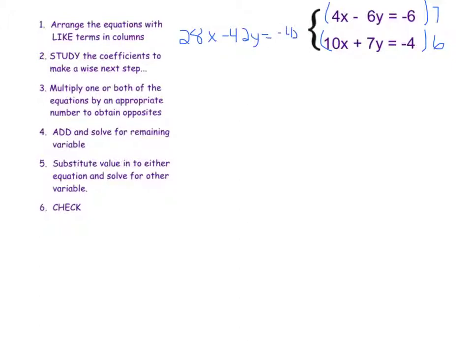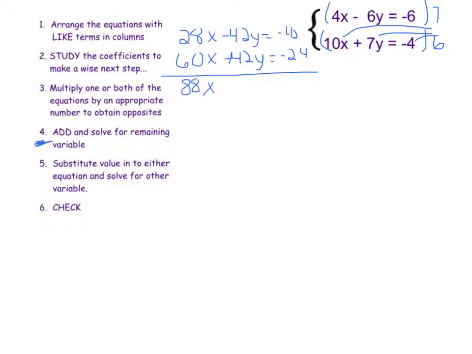And then when I multiply the second equation by 6, and again I'm remembering to multiply every single part of that equation by 6, I have 60x plus 42y equals negative 24. All right, and so then when we do this fourth step, add, we have 88x, the y's cancel out, equals negative 66.